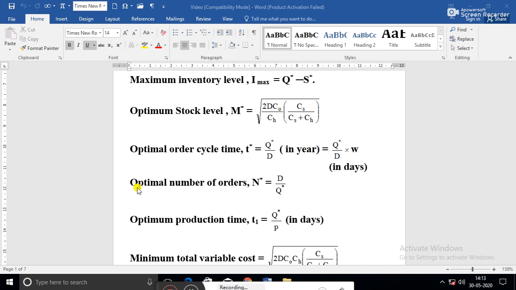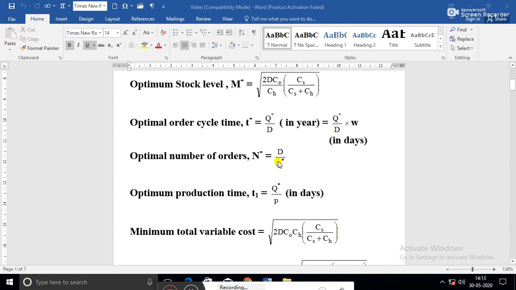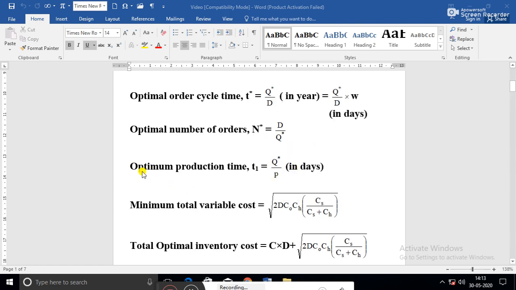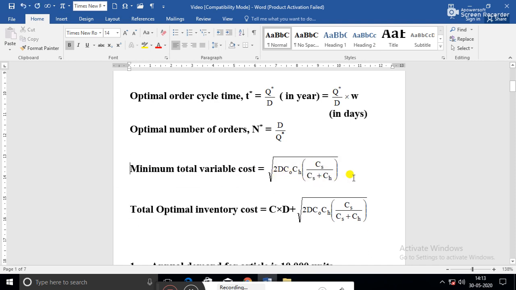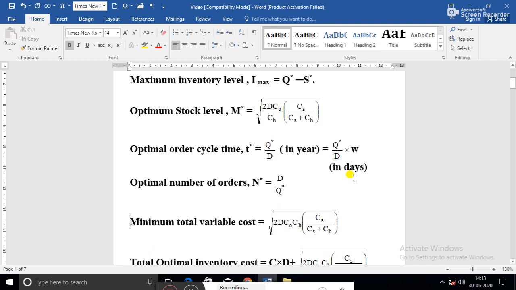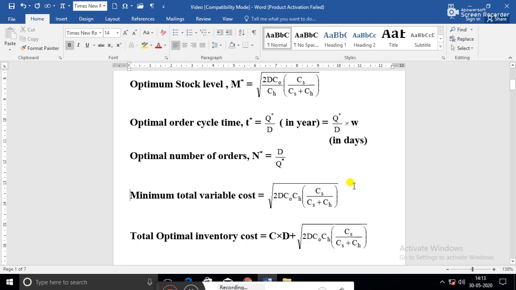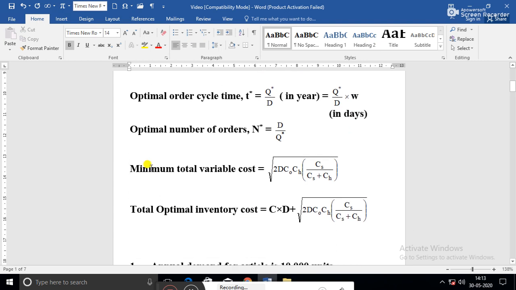Now coming to the optimum number of orders, N star, it will be D by Q star, just the opposite of this. And now this portion is actually printed by mistake, sorry, this portion should be deleted, because we are not dealing with production, we are dealing with the backorder concept, so we don't have that.